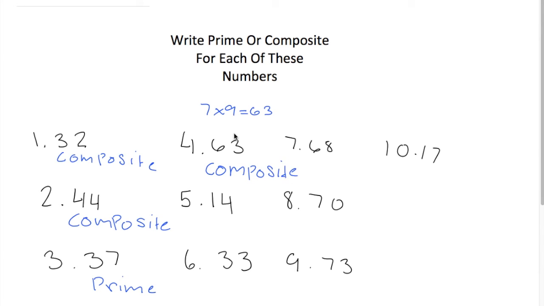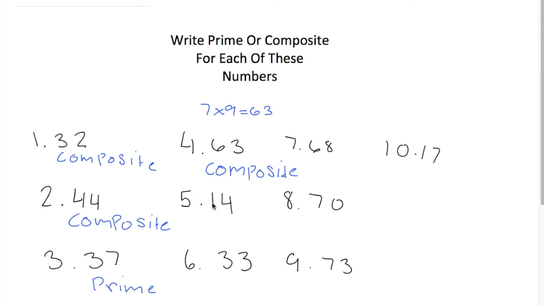So even though the number in the ones place is odd, it might be composite. Even numbers and odd numbers can sometimes also be prime numbers.